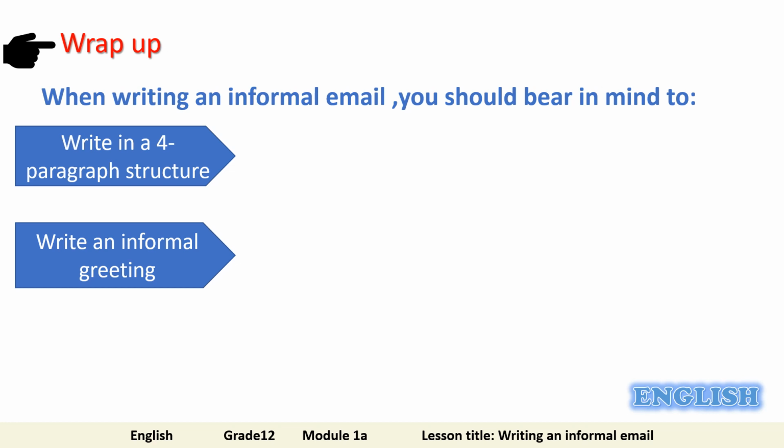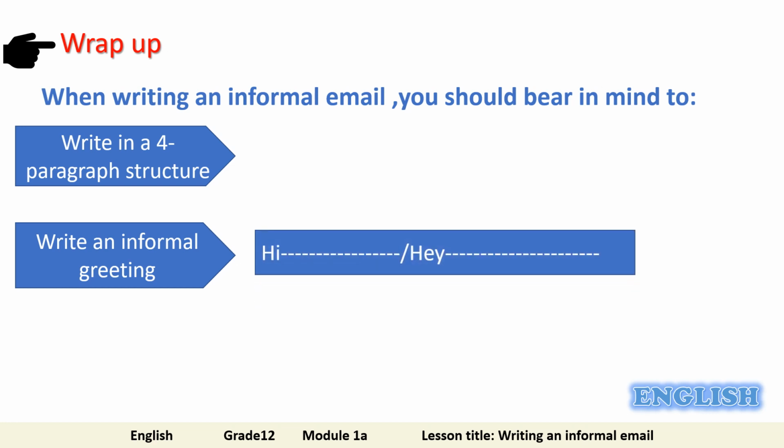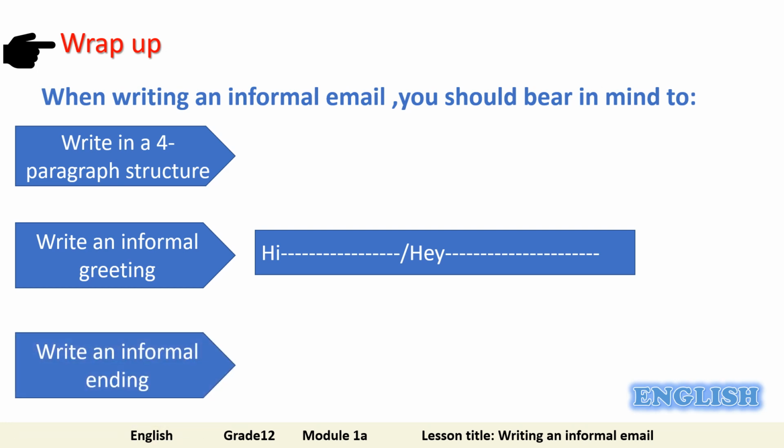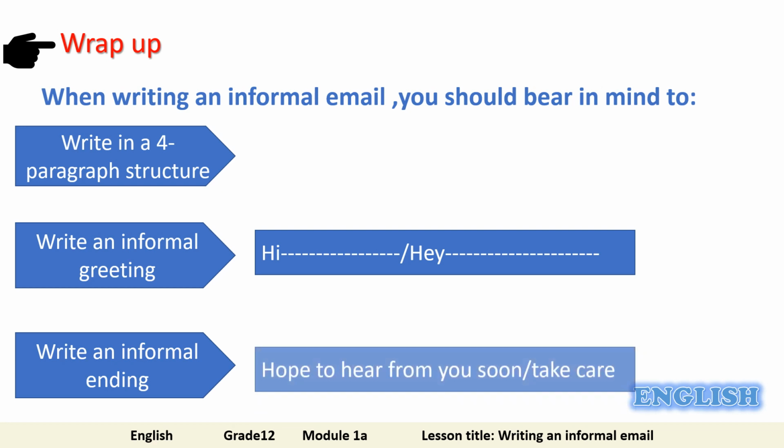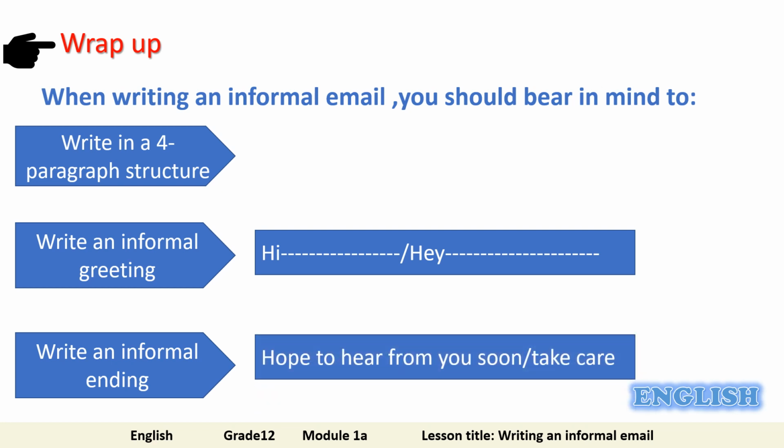Write an informal greeting, usually at the beginning, like hi, hey, how are you doing? How have you been? Not only the beginning should be informal, the ending also. Like what? Hope to hear from you soon, or take care.